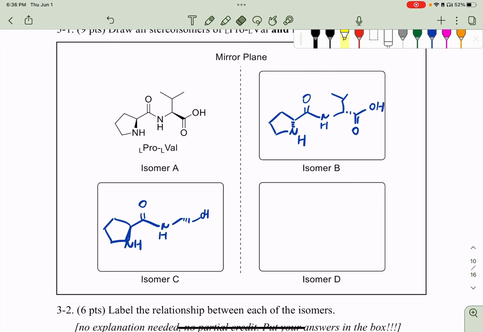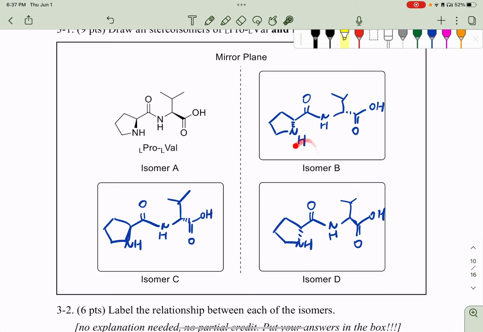Running out of space. All right, and then here, these 2 are mirror images of each other, so I must flip. All right, so this is how we draw it.